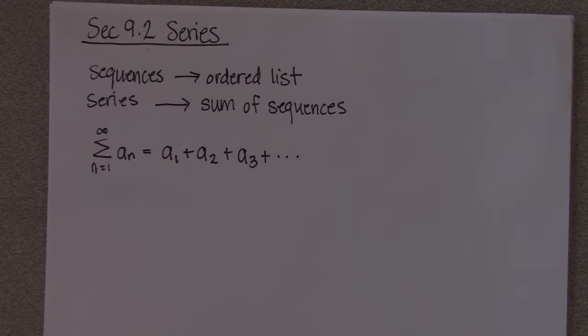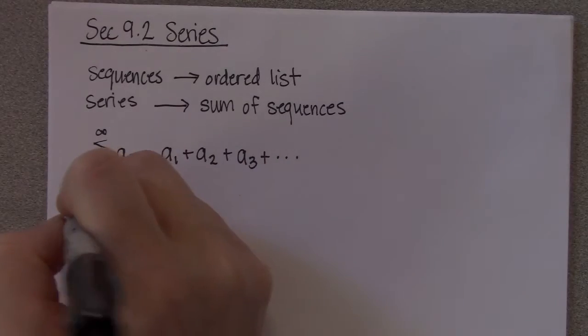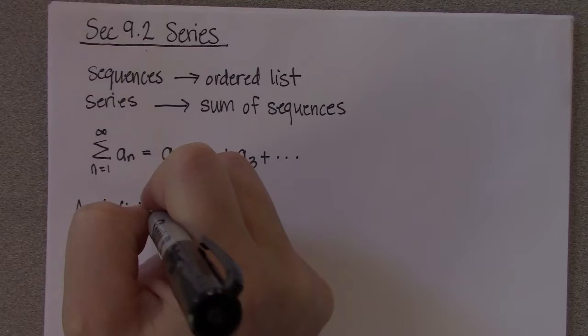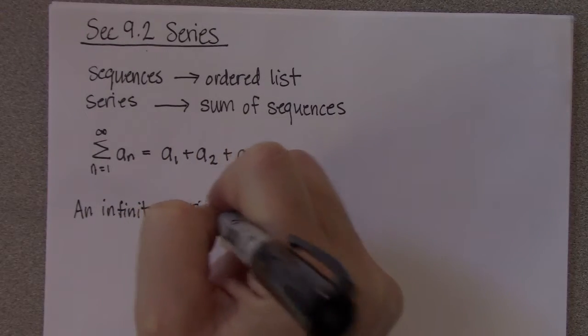Now, in order to test a series for convergence, one thing has to always be true. We're going to write this down and then I'll explain what it means.